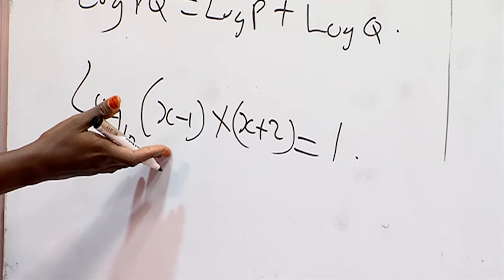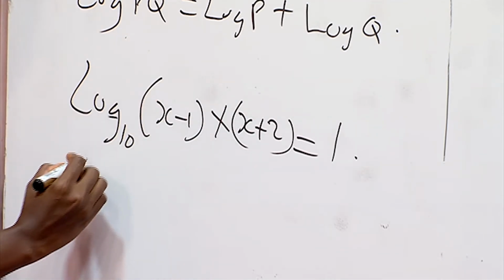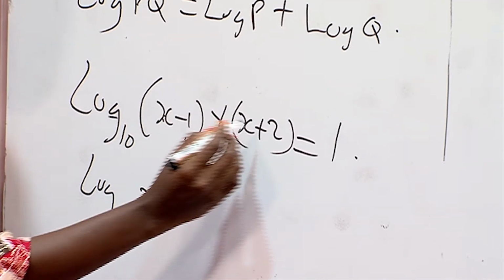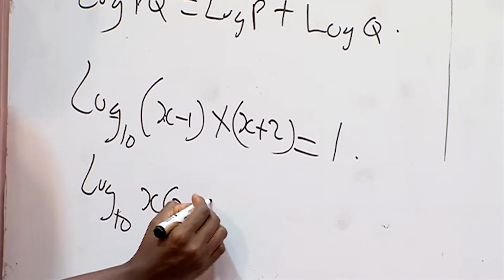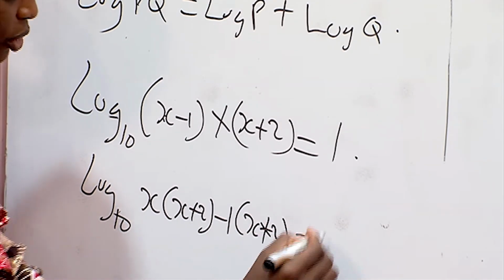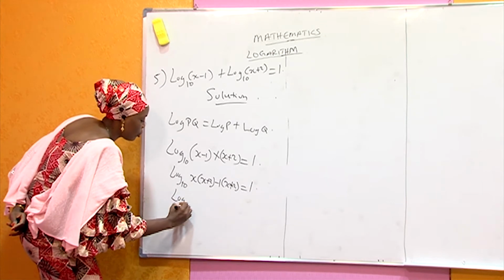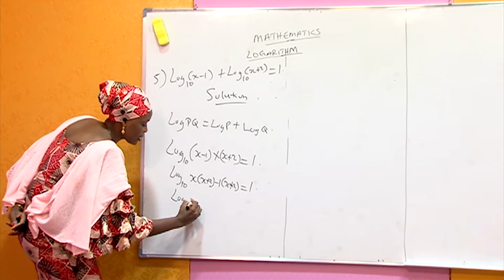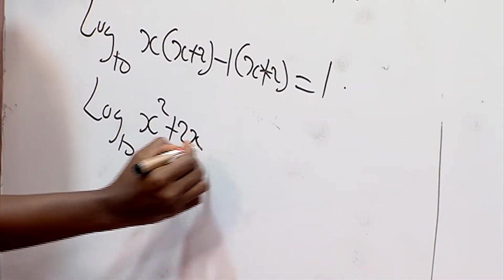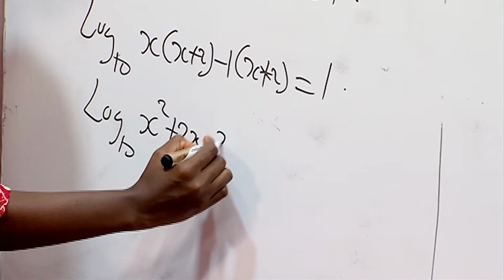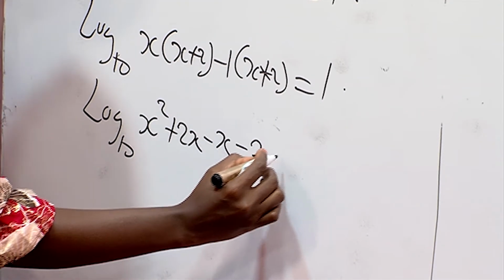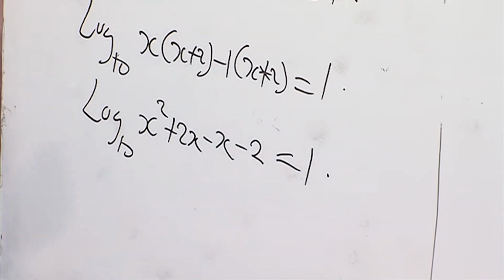Opening up the brackets, we have log base 10 of: x times x, x squared; x times 2, 2x; minus 1 times x, minus x; minus 1 times 2, minus 2, all equals 1.